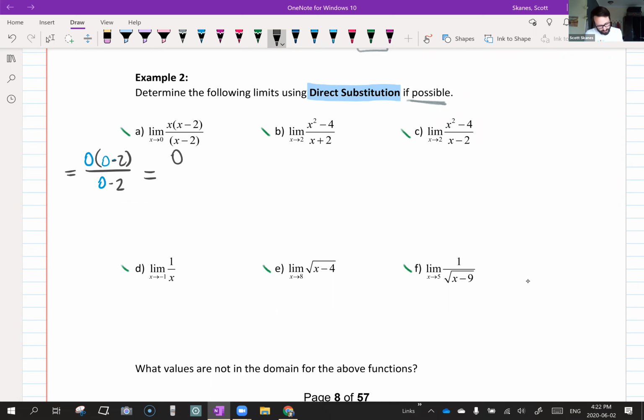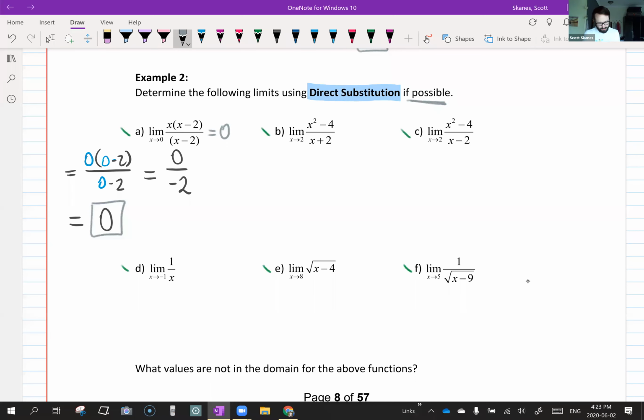Some students say it gives an error or it's undefined, but it's not. 0 divided by something is still 0. It's the opposite we need to worry about, when we divide by 0. So the limit's 0. As we approach from both sides, it's just 0. Let's move on to the next one and see what happens.